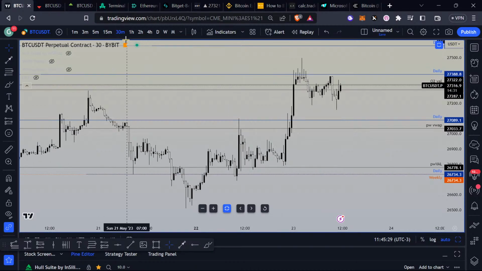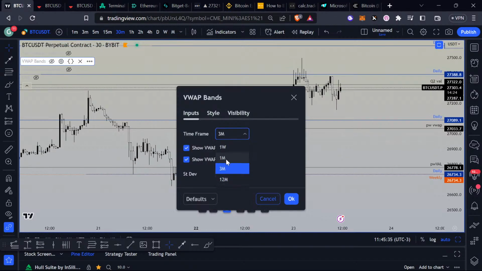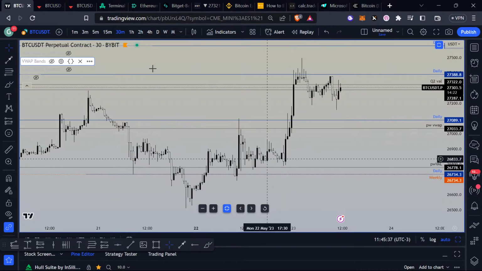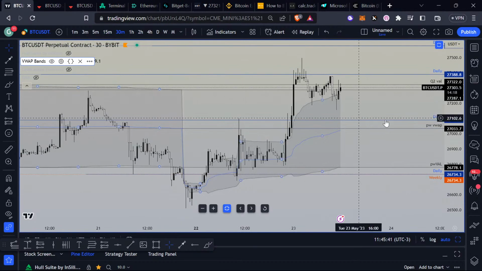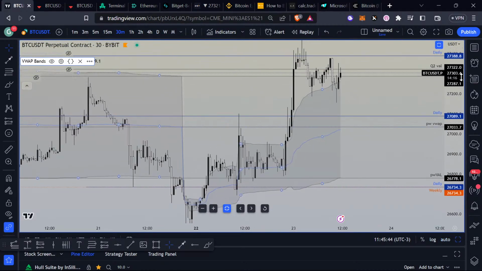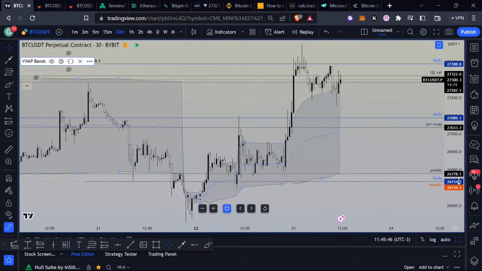For instance, on the 30-minute chart, I like to use the weekly VWAP. We turn it on. There we go. Previous week value area high. Previous week value area low. And the pivots. Okay. Previous week VWAP, which is untested.